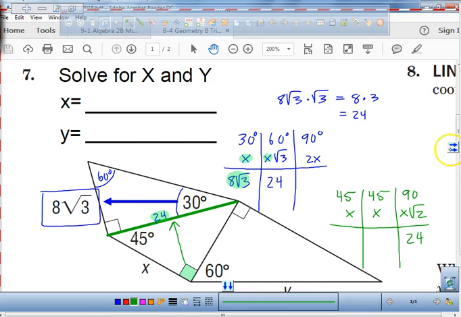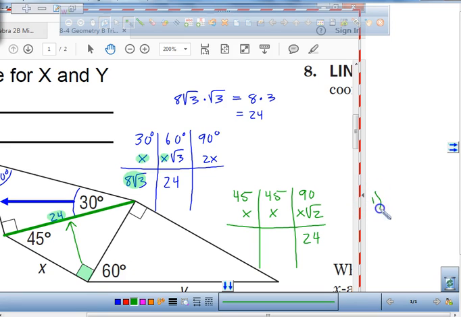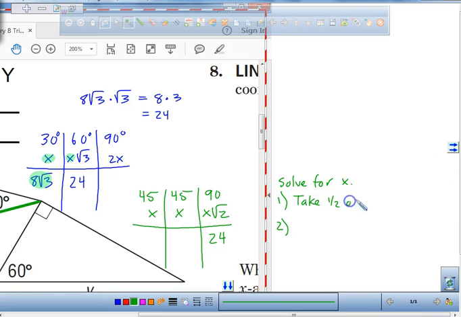Now there's 2 steps, if you don't remember. There's 2 steps to work our way back. I'm going to write here, we'll put solve for x. You should have these 2 steps in your journal. Divide by 2, or multiply by a half. So I'm just going to put take half. Alright? Take half of your hypotenuse.